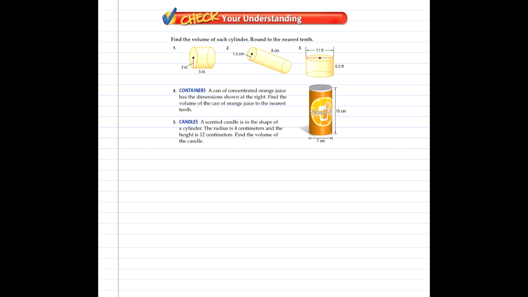Problem number 4. A can of concentrated orange juice has the dimensions shown at the right. Find the volume of the can of orange juice to the nearest tenth. Again, they give me diameter. For number 4, diameter equals 7. 7 divided by 2 equals 3.5. My radius then is 3.5 centimeters. Volume equals pi r squared times the height.